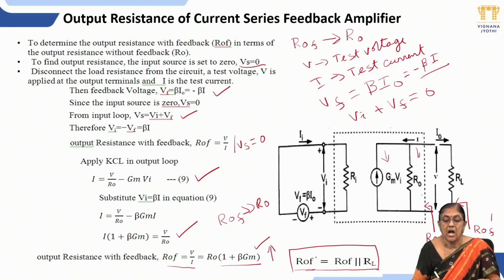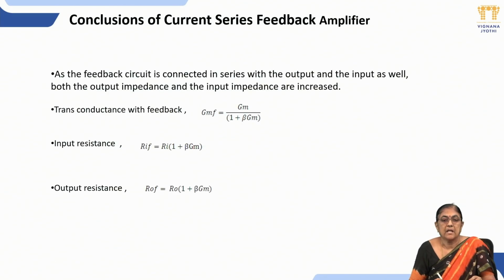R0F is output resistance with feedback excluding load resistance. I think you clearly understood how to derive the expression for output resistance with feedback including load resistance and excluding load resistance. Next, we will see the conclusions of current series feedback amplifier.